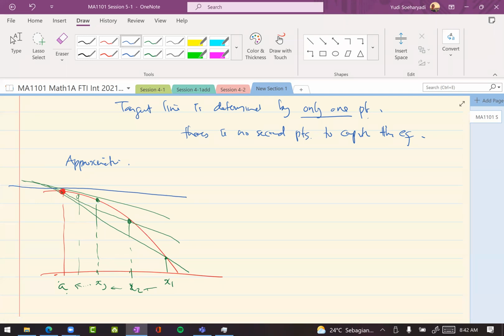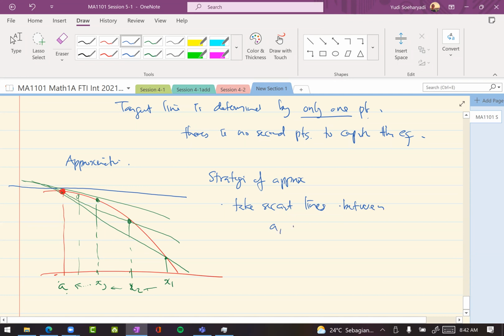So what's the strategy of approximations? Take secant lines, actually, between a, f of a and x, say k.